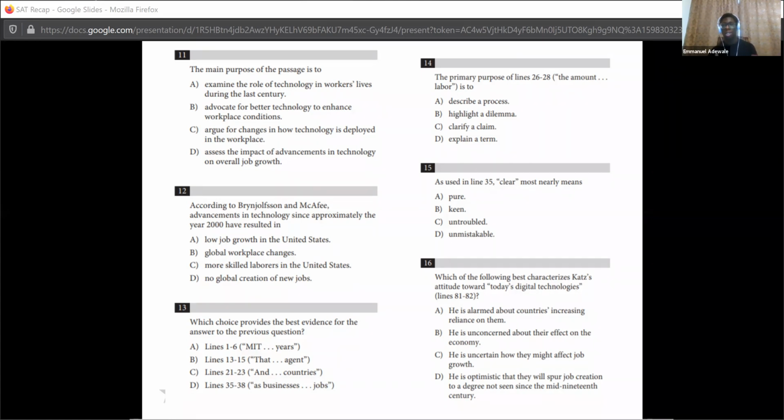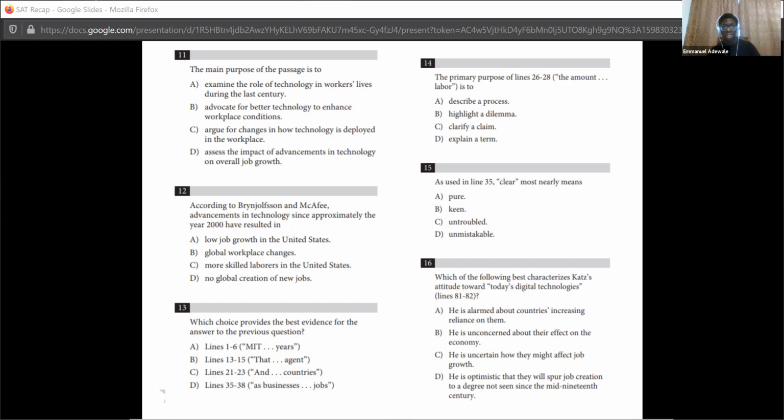And so it explains that in this context, the word clear is meant to mean obvious or unmistakable. So again, this is one of those questions where it's all about understanding the context of a word in a sentence or even just within that passage in general. So definitely make sure to think about what words might mean when they're being used in sentences.